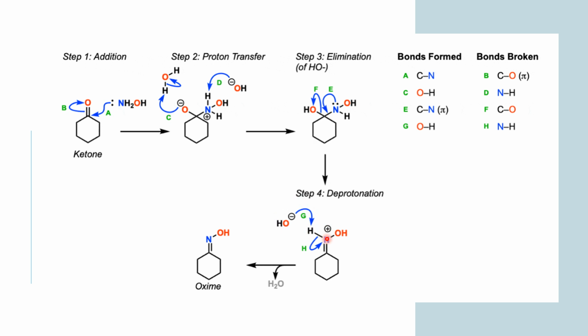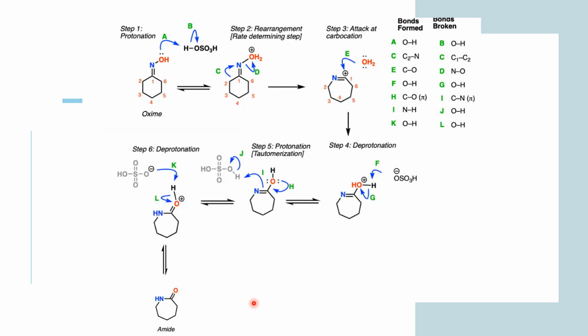And after deprotonation, we get this oxime as the reaction intermediate product. In the next step, the oxime is going to react with acid, because in the second step, if you remember, acid was added along with heating.